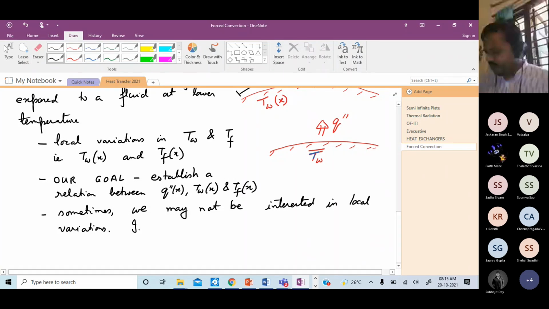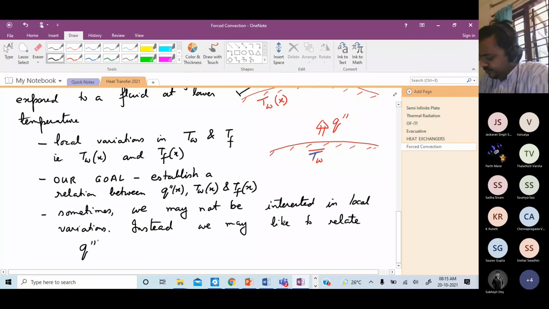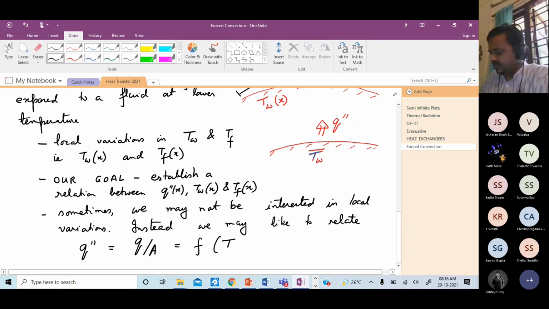Instead, we may like to relate the average Q double prime, which is Q over A, the total heat transfer over the total surface area, as a function of the average wall temperature and the free stream fluid temperature, or the bulk mean fluid temperature.